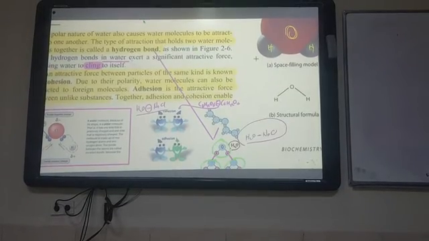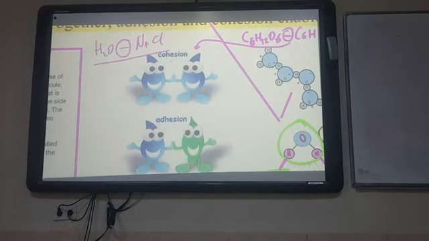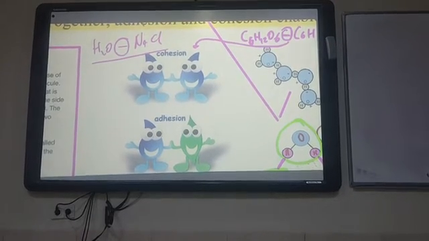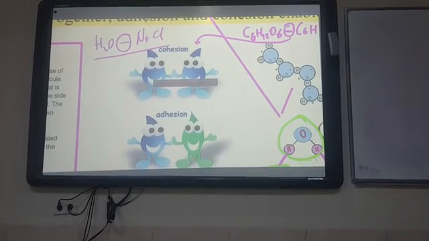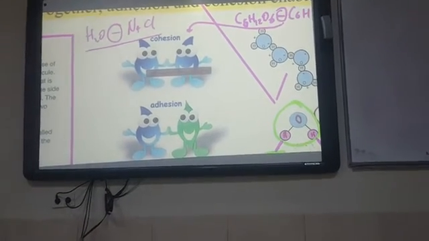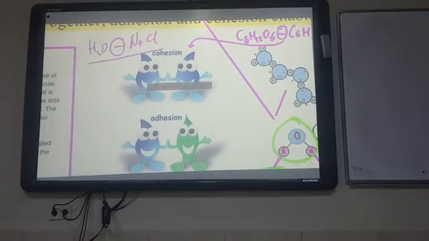There are some new terms: adhesion and cohesion. Cohesion is an attractive force between two similar substances. What about adhesion? Between two different substances. And capillarity is so important.